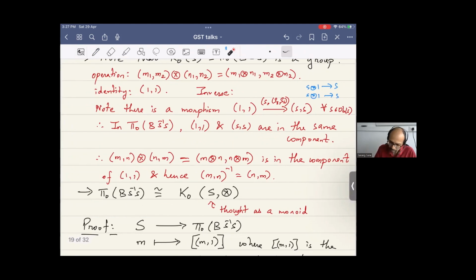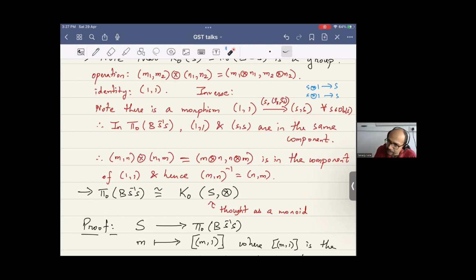Now remember, I want to prove it's a group. I already know it's a monoid, there's an operation. So if I can show that if I take some element and tensor it with some other element, and I get something of the form (S, S), then that's really the same as (1, 1) in pi naught.